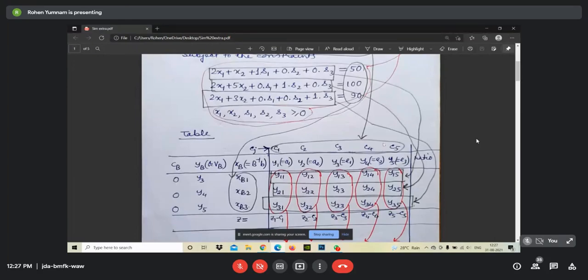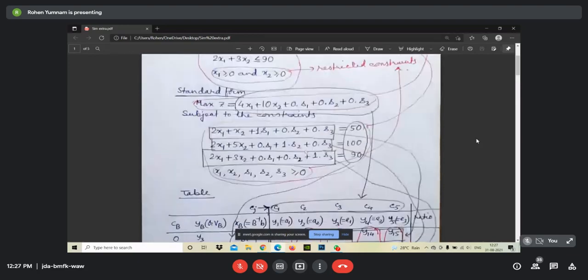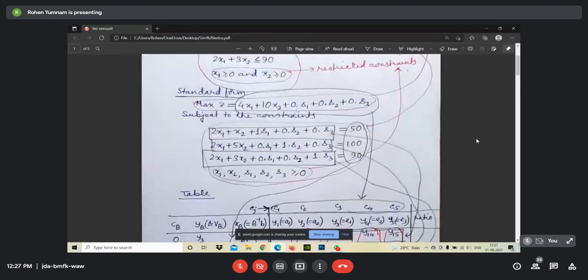These C's must come from the objective function. This is C1, and this is C2, C3, C4. Then here, C1, C2, C3, C4, C5 will come here.